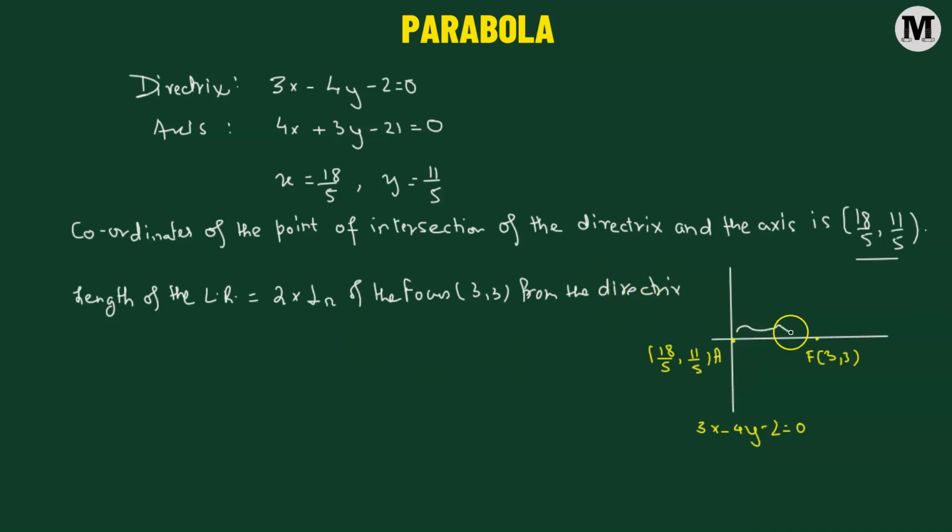The perpendicular distance is simply AF, so we have 2 times AF. We can find AF by using the distance formula. So we have 2 times the square root of (18/5 minus 3) whole squared, which is the difference of the x coordinates, added to (11/5 minus 3) squared, the difference of the y coordinates. That gives us 2, and that means the length of the latus rectum is 2 units.